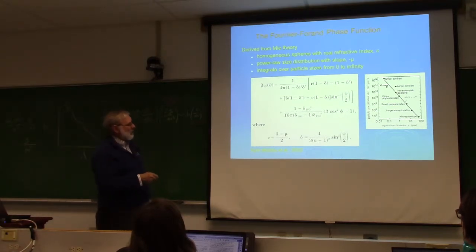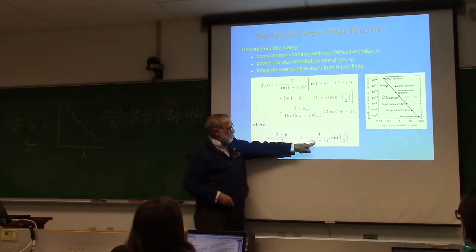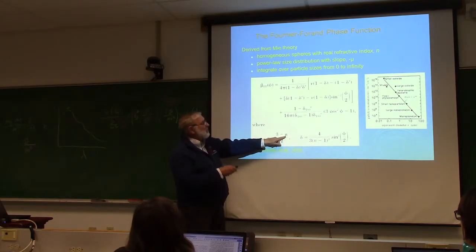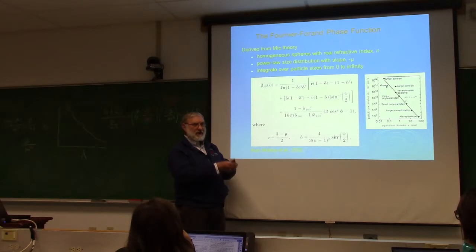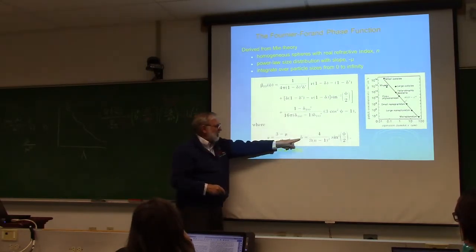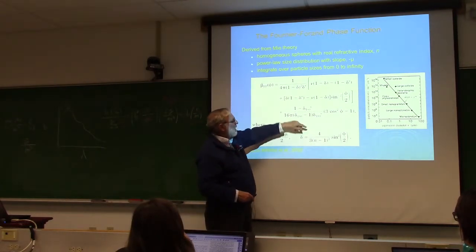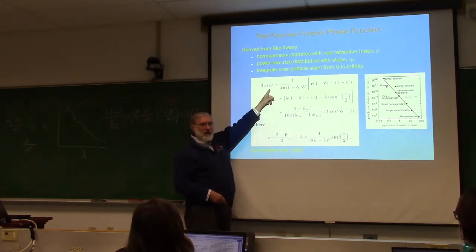Well, it's this horrible mess, but what goes into it, there's N, the index of refraction, there's a scattering angle, and then here's the slope of the size distribution. So you pick an index of refraction, you pick a slope for the particle size distribution, that determines nu and delta. Those things go in back up here, and pretty soon you get a phase function that's a function of scattering angle.